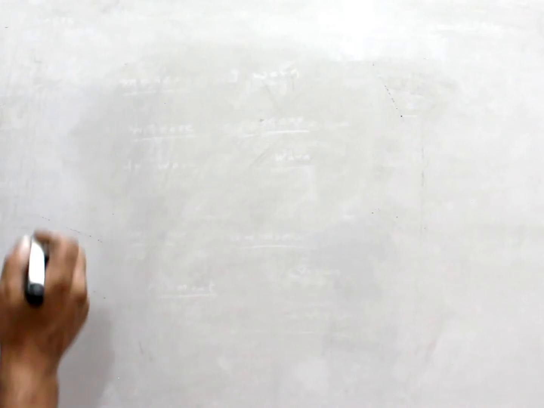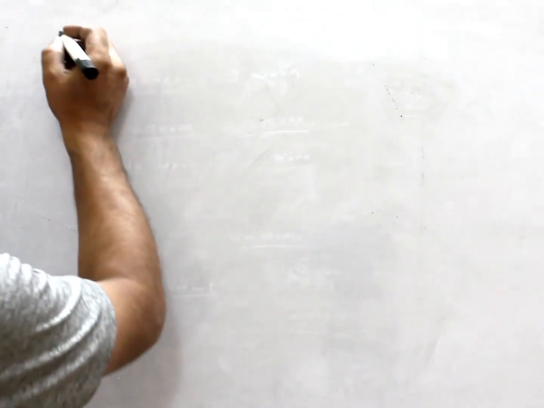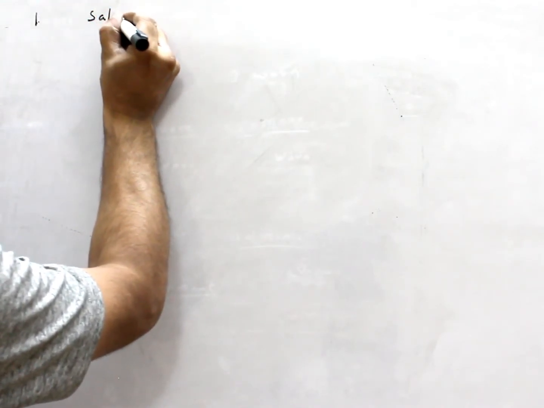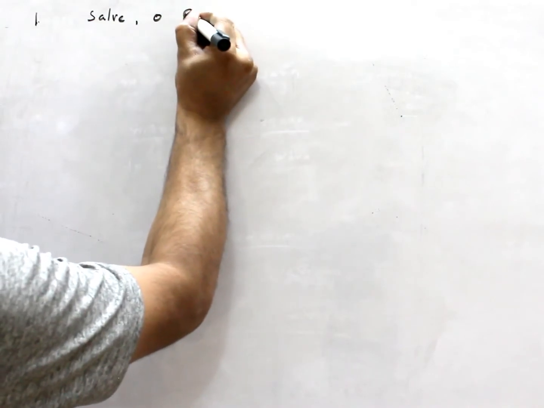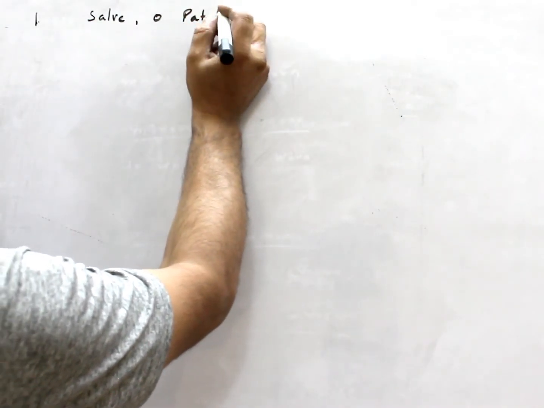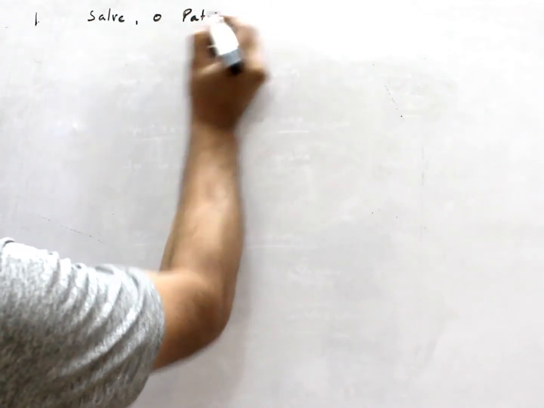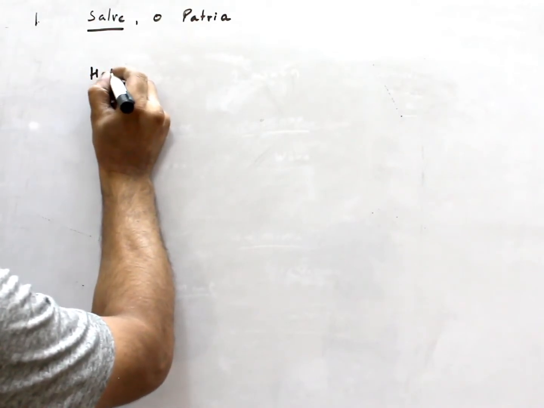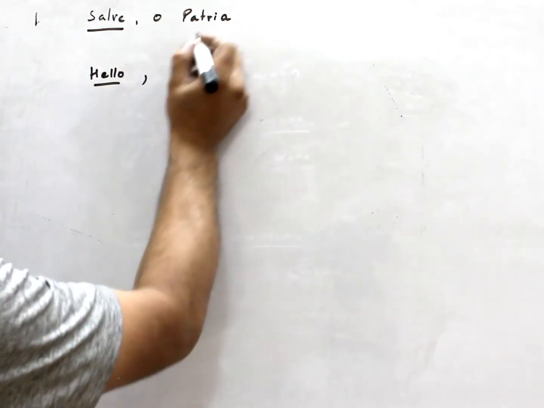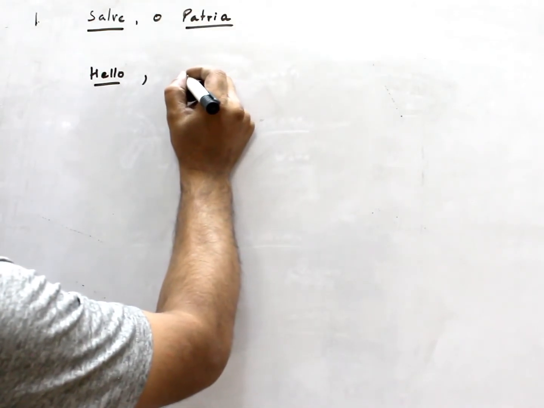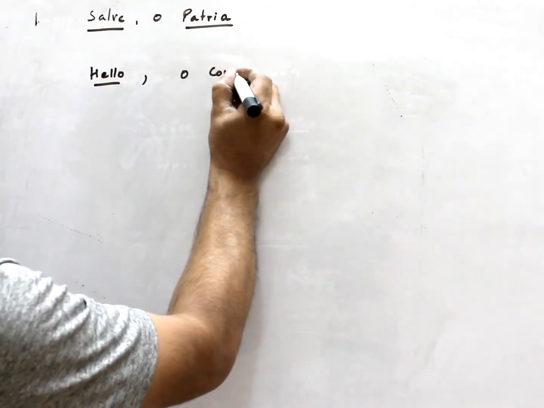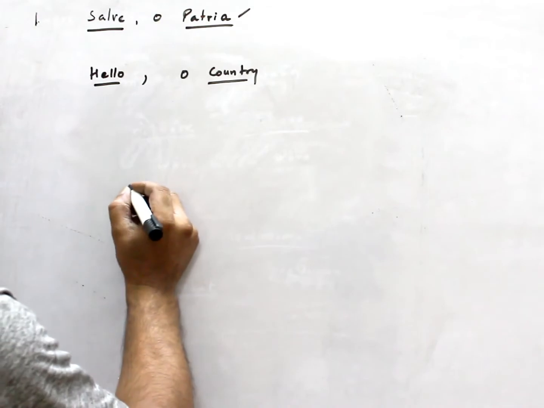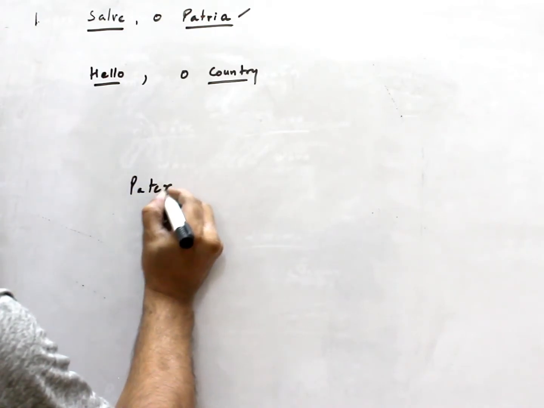Now the second chapter, some sentences. Sentence 1: Salve o patria. Salve o patria means hello, O country. This word patria comes from pater.